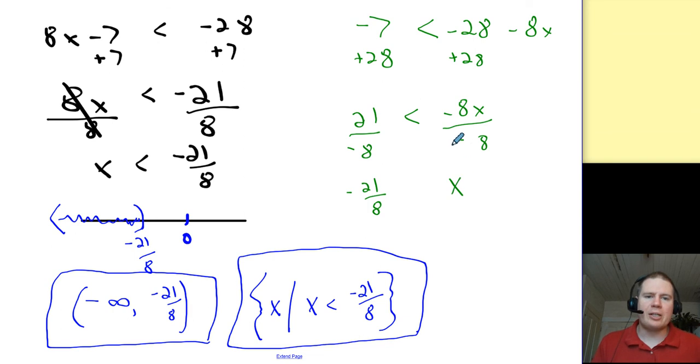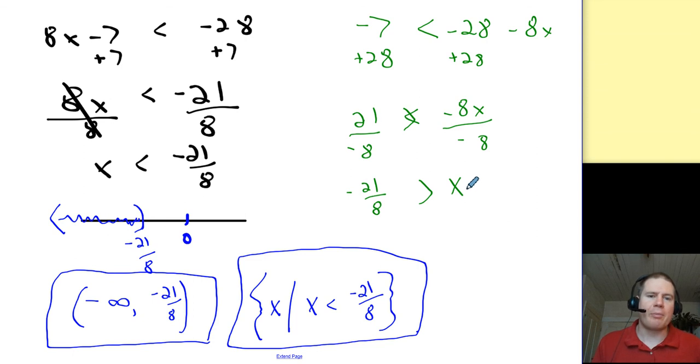But because I reversed the sign, because I divided or multiplied by a negative, this has to swap. So I see that x is on the less than side compared to the 21 eighths. Right? If I read this left to right, I'll say negative 21 eighths is greater than x.